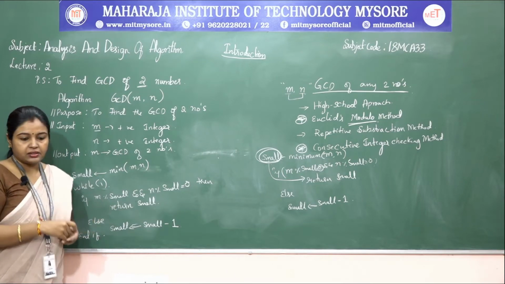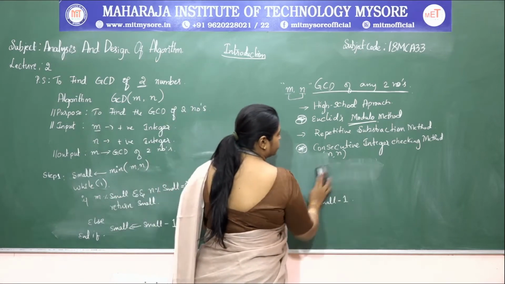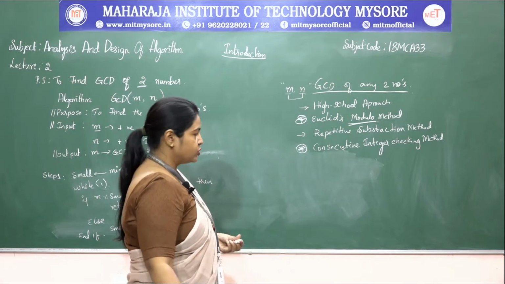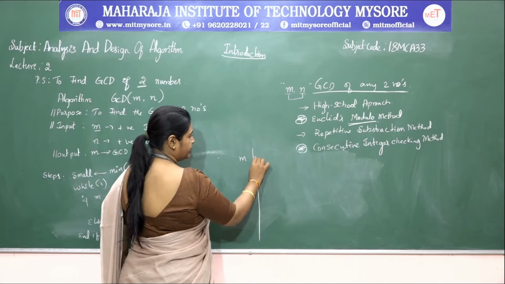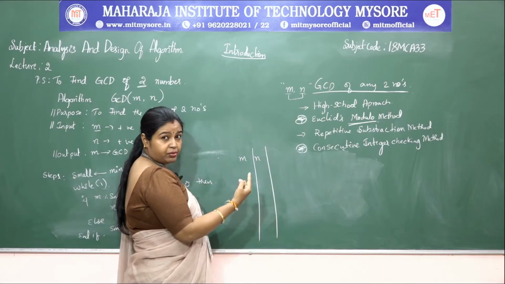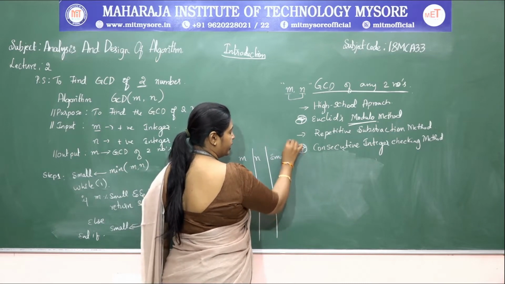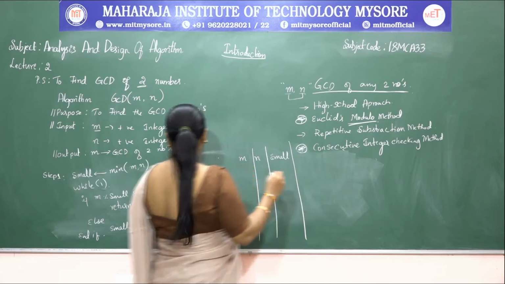Okay, so let us take the same example and continue the tracing. Now I have m, n and one more variable we have taken, that is the common number small, and you know how to find out the small also. Here we are performing two operations, right?